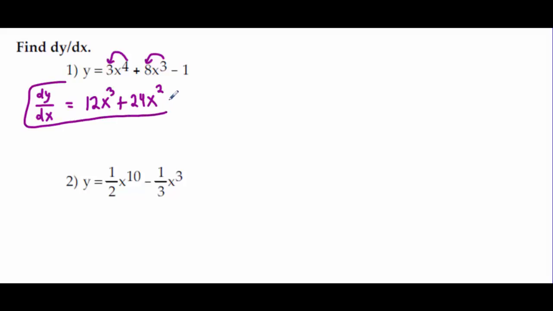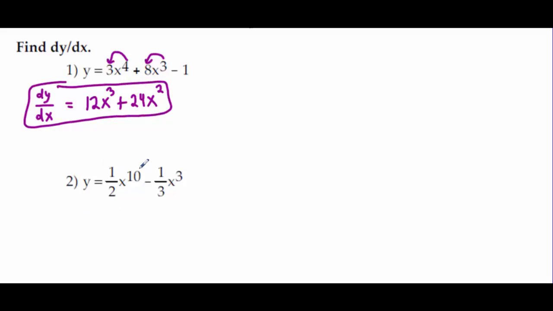So this is going to be 3 times 4, which is 12, x to the third, because 3 is 1 less than 4, plus, and then I do 3 times 8 and subtract a power to get 2. The derivative of just a number is going to be 0, so I don't need to write anything else. It asked me to find dy over dx, so I would put dy over dx equals, and that's my answer.